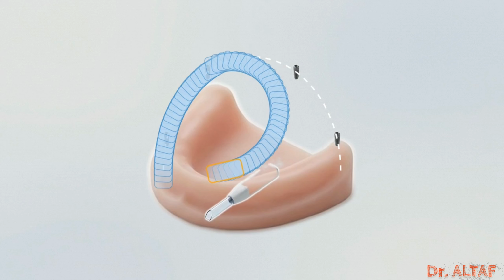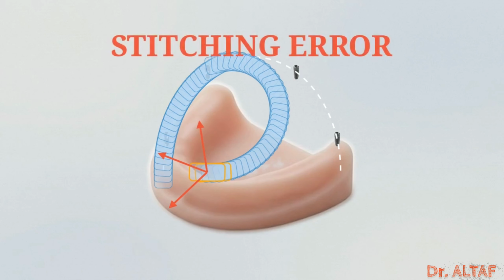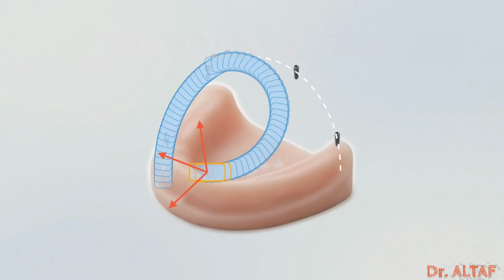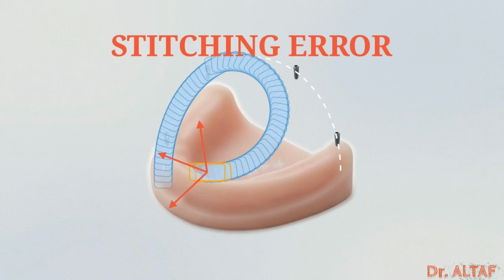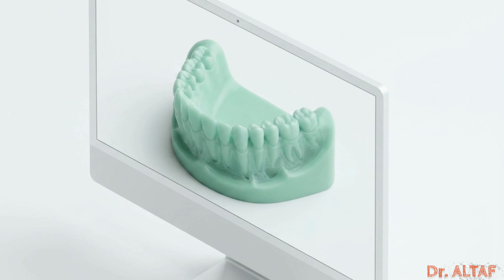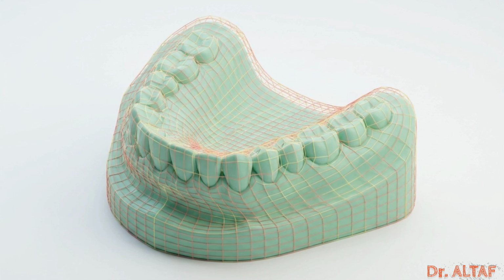By the time it reaches the opposite side, the accumulated deviations completely warp the data, throwing calculated implant angulations wildly out of position. The danger is that the final STL file on the clinical monitor will often look perfectly smooth and connected, actively masking the fact that the underlying spatial coordinates are entirely false.